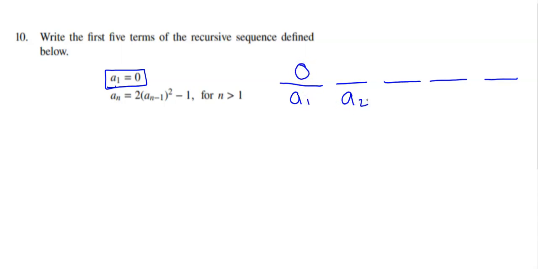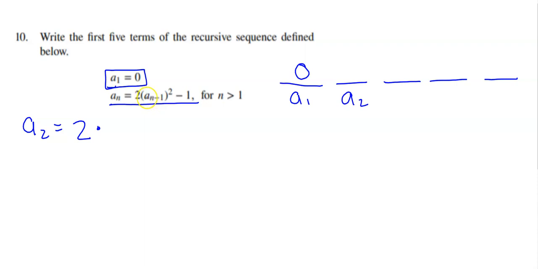To find my a sub 2, I'm going to use this given recursive formula. I'm going to plug in the values that I know and then calculate it. So it starts off as 2 times a sub n minus 1.